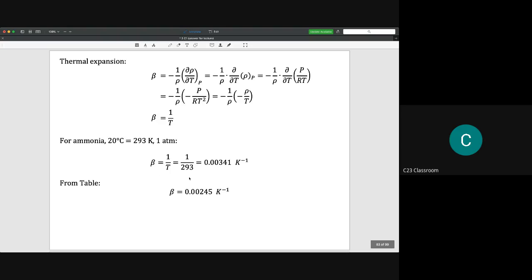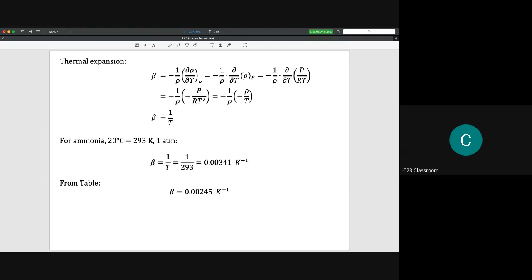And then the idea is we are using this one. So we have beta equal to negative 1 over rho times del rho over del T, at constant pressure, and it is for a perfect gas.